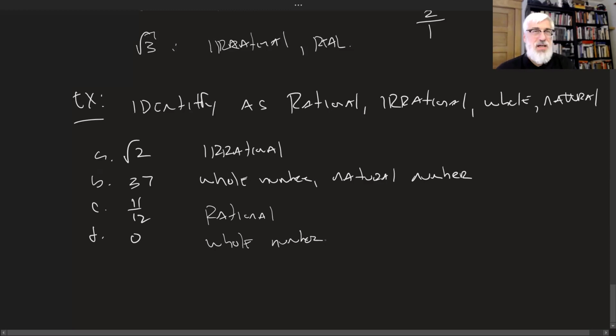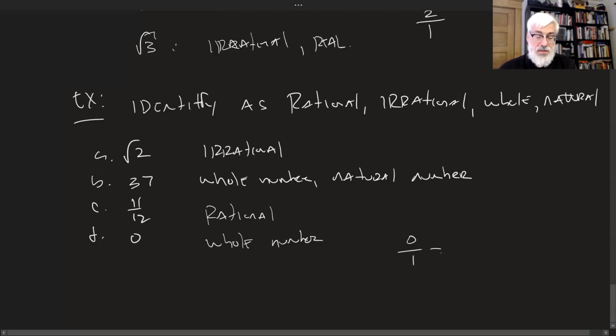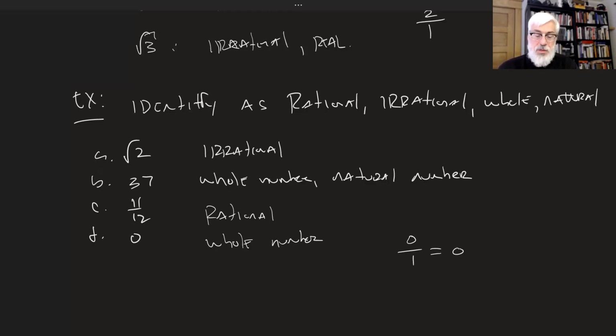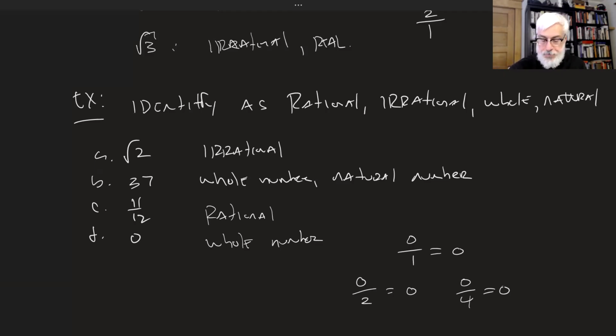But one aside, I said 0 was a rational number because any number that divides into 0 is 0. So I can really take any integer and express 0 as a fraction. So technically 0 is a rational number. It can be expressed as a fraction of integers.